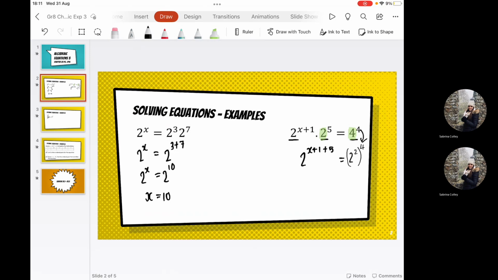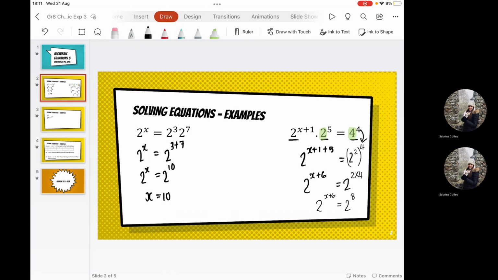Okay, what exponential law can I use on that side? Over here, I've got x plus 6. Then on this side, I've got 2 to the power of 2, all to the power of 4. I know when I raise a power to a power, I need to multiply. So 2 times 4. So this is 2 to the power of x plus 6 equals 2 to the power of 8.